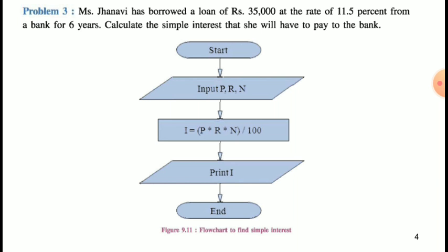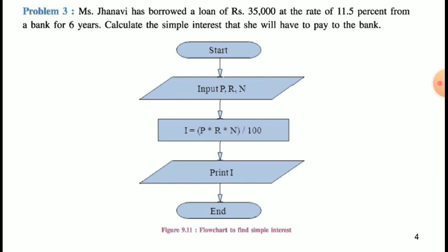And next is the process. Process means a rectangle symbol. I equals brackets P into R into N divided by 100. And then after, the output symbol, that is again a parallelogram symbol, and print I. So the flowchart is over.